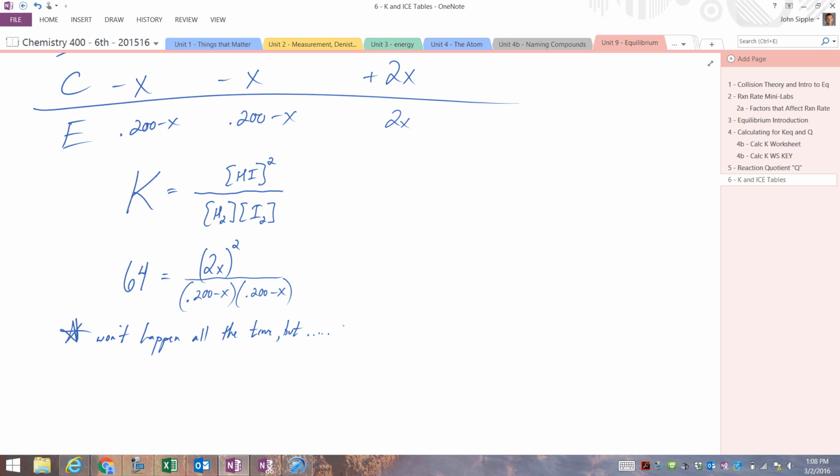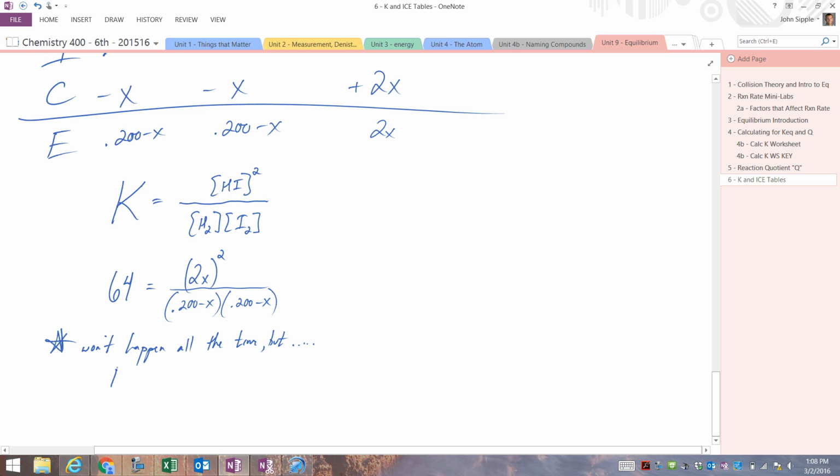So we have perfect squares everywhere. So just take the square root of both sides.